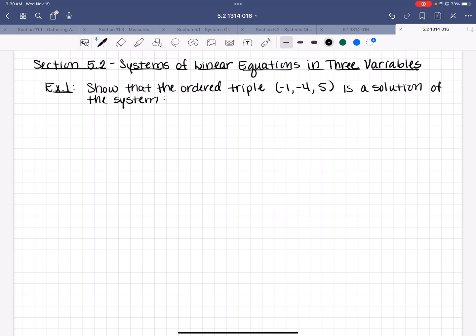Okay? Now, guys, one thing I need to point out here, it's listed in alphabetical order, just like it is with an XY ordered pair. This is X, Y, Z.